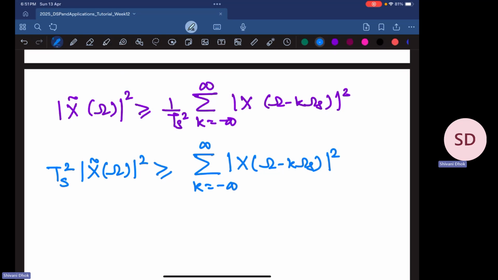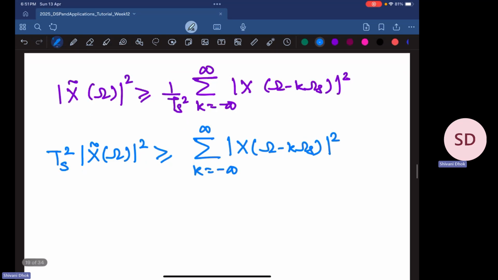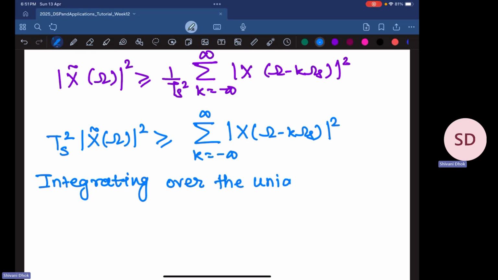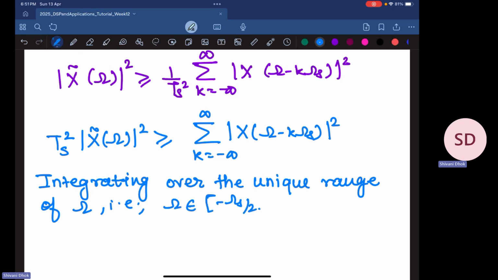Okay, so now we will integrate over the unique range of omega, that is omega belonging to minus omega s by 2 to omega s by 2.